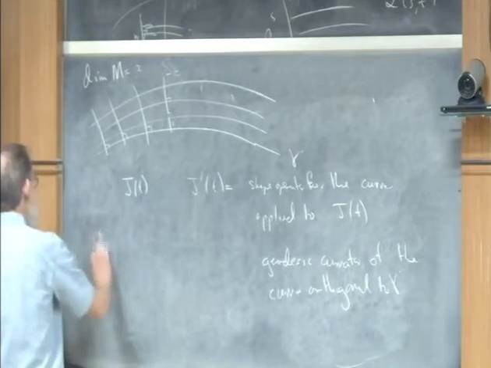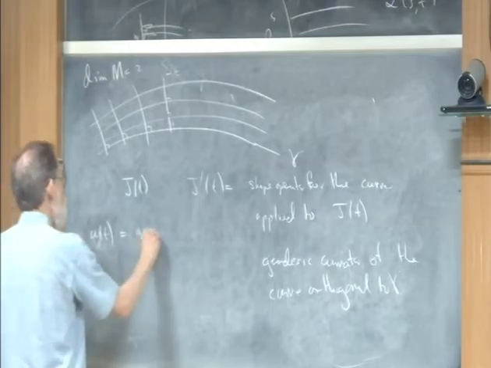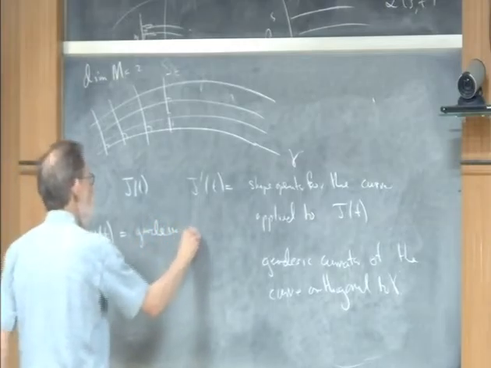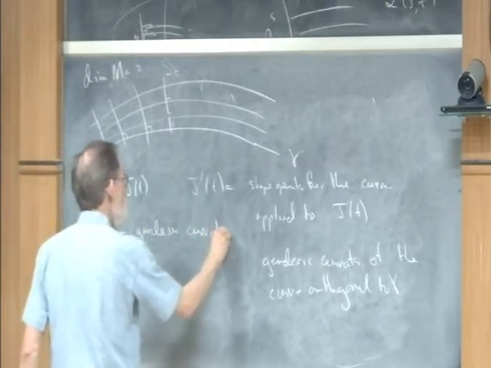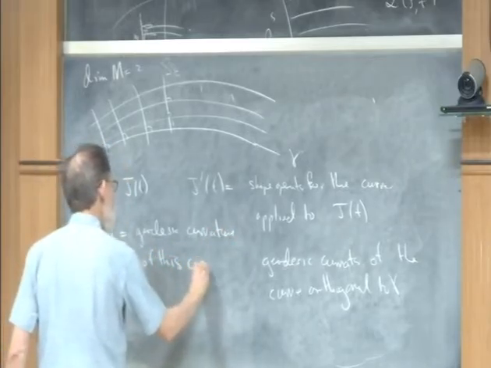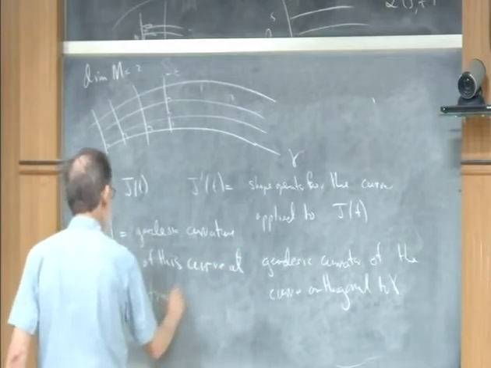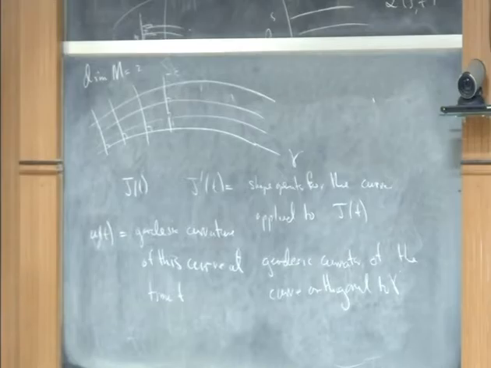So let's define U of t to be the geodesic curvature of this curve at time t.